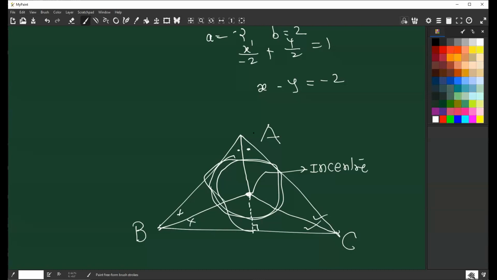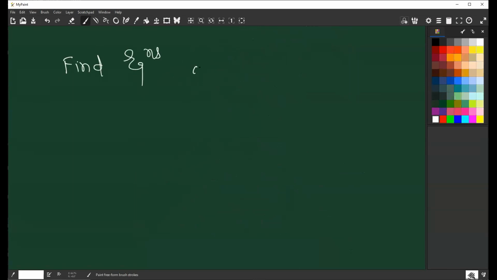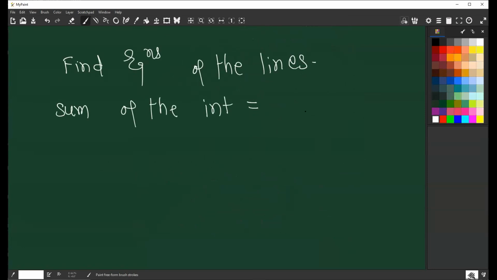Can I give you the next sum now to try? Find equations of the lines such that the sum of the intercepts is 1 and the product of the intercepts is -6.